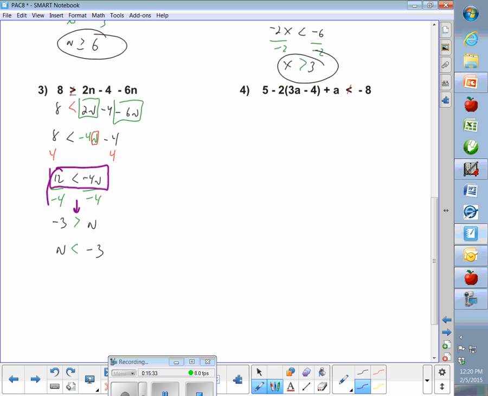I then did 12 divided by negative 4 and got negative 3. My negative 4 n's divided out, and I got n. So that line is correctly negative 3 greater than n. Then I wanted my n on the left with my number on the right. Whenever you reverse sides with an inequality, you have to reverse the inequality symbol. N less than negative 3.